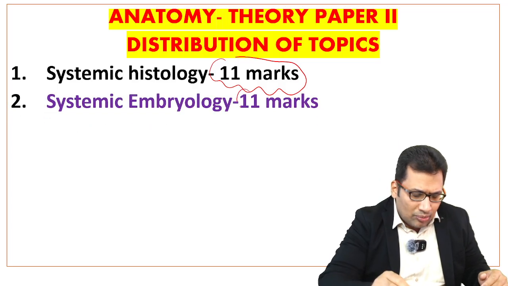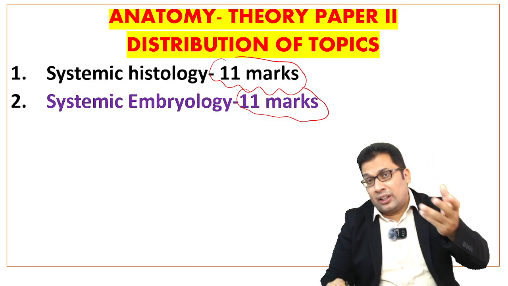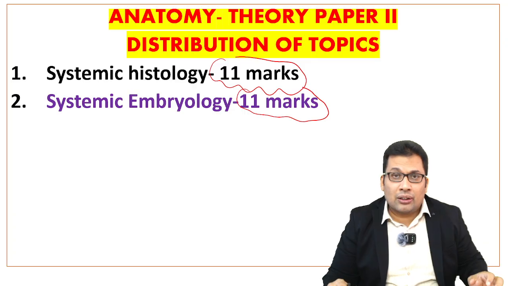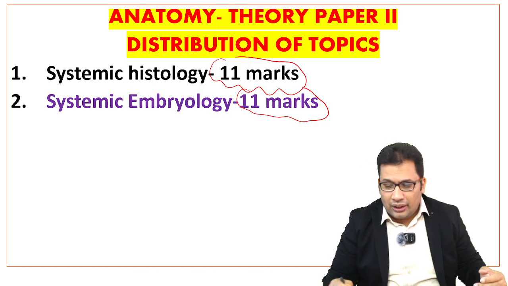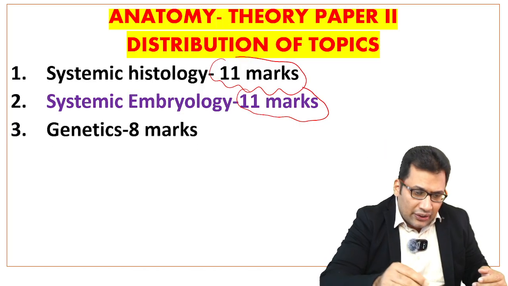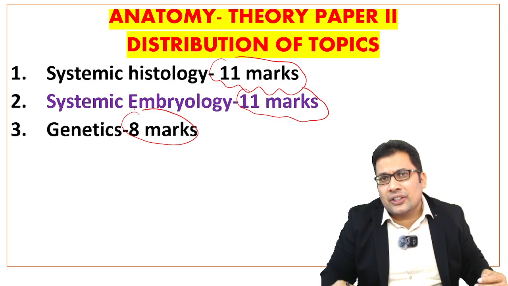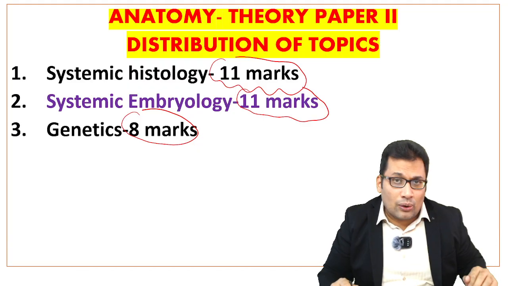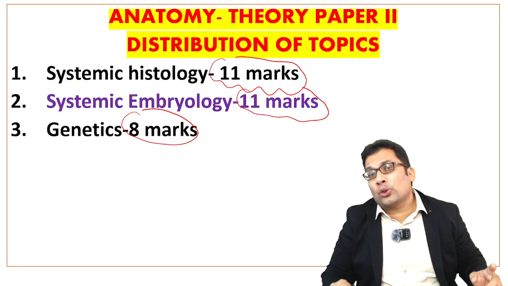Systemic embryology: one very commonly asked question is mesonephric duct, paramesonephric duct, derivatives, hindgut, midgut, foregut. Then genetics, around 8 marks. Commonly asked questions are Klinefelter syndrome, Down syndrome, Turner syndrome, chromosomal anomalies.